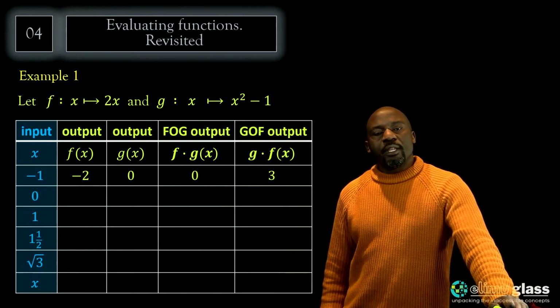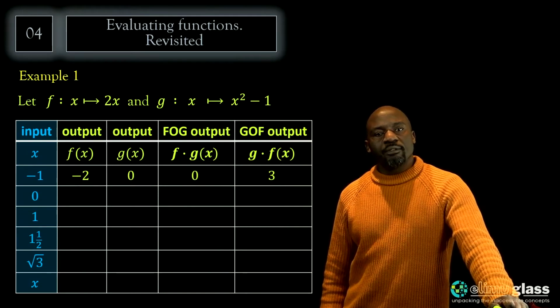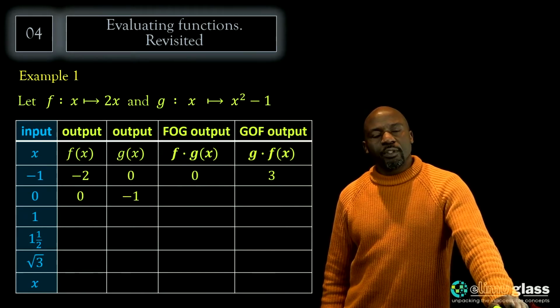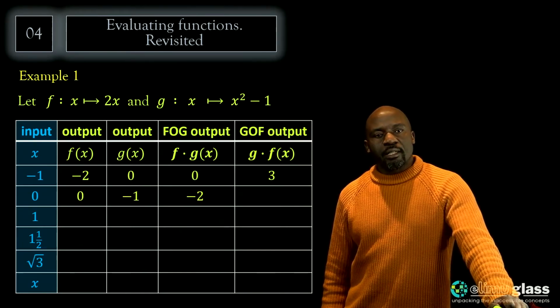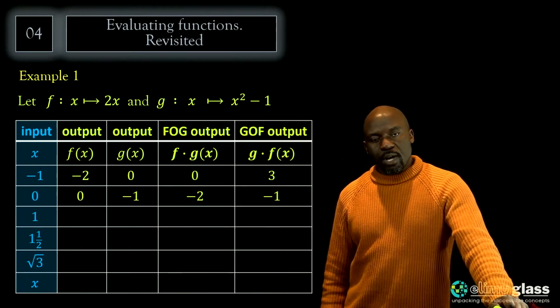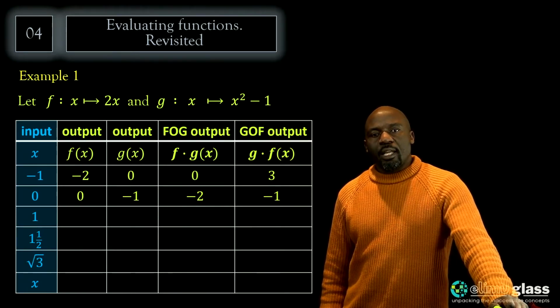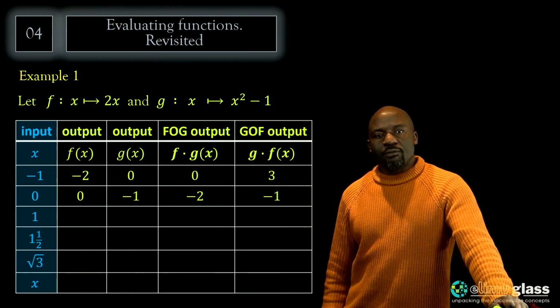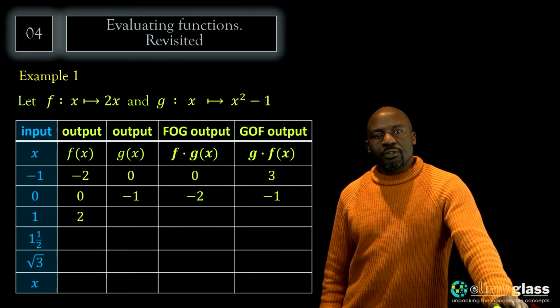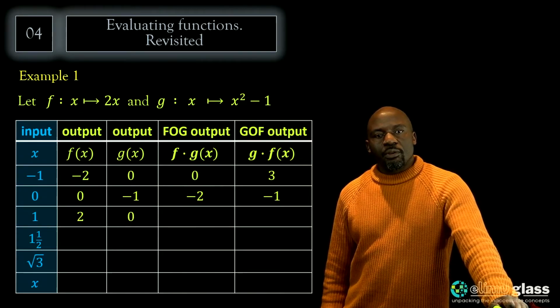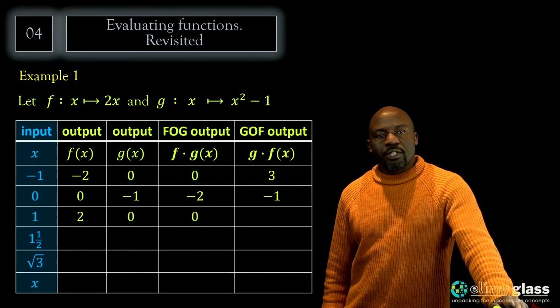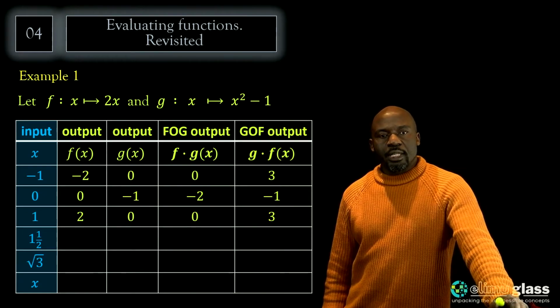All right? So when the input is 0, then we have 0, negative 1, negative 2, and negative 1. Check that that is right. If the input is positive 1, then we have 2, 0, 0, and 3.